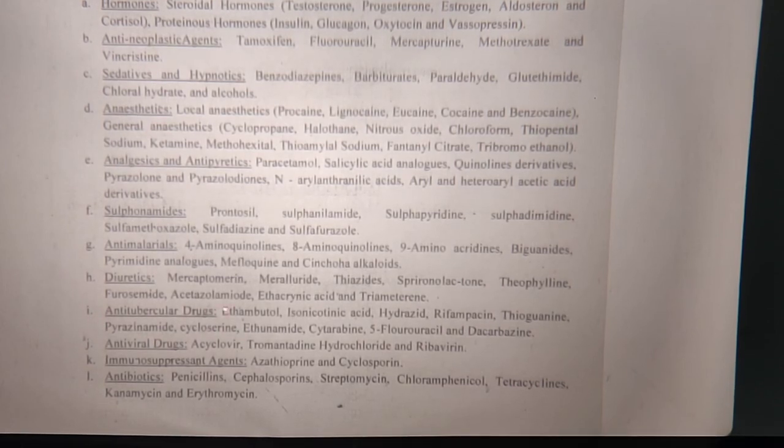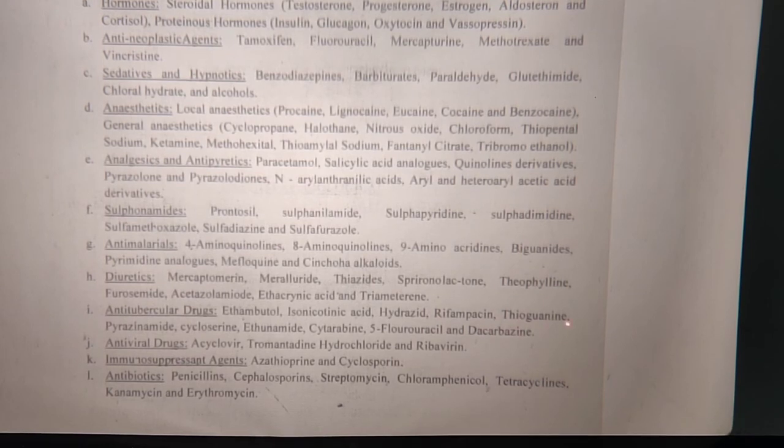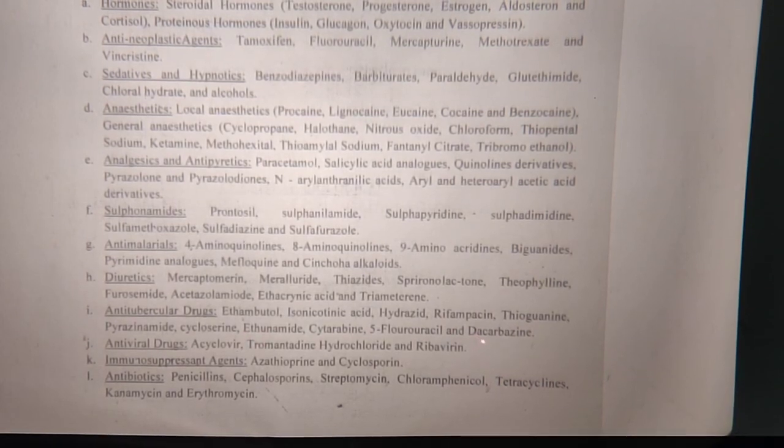Under that are included ethambutol, isonicotinic acid hydrazide, rifampicin, thioguanine, pyrazinamide, cycloserine, ethionamide, cytarabine, 5-fluorouracil and decarbazine. Then antiviral drugs. Under antiviral drugs are included acyclovir, trifluridine hydrochloride, and ribavirin.